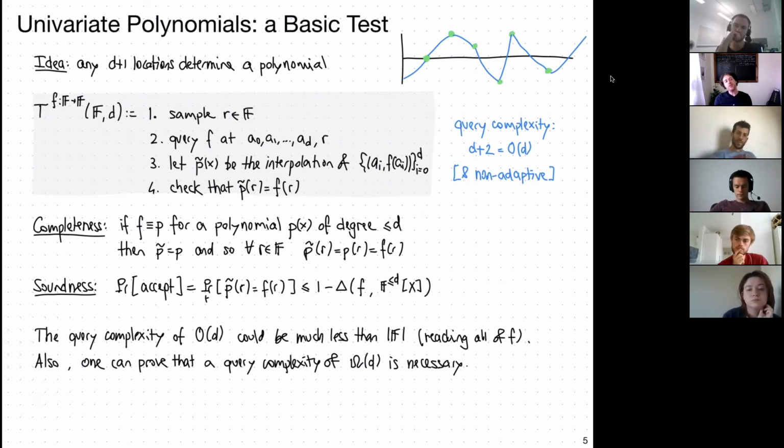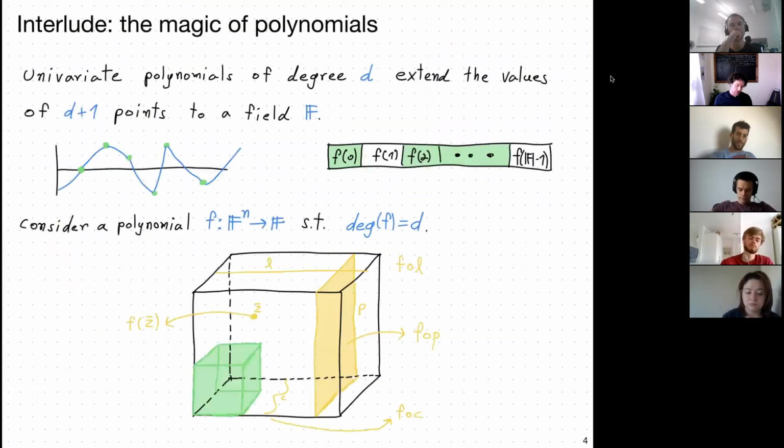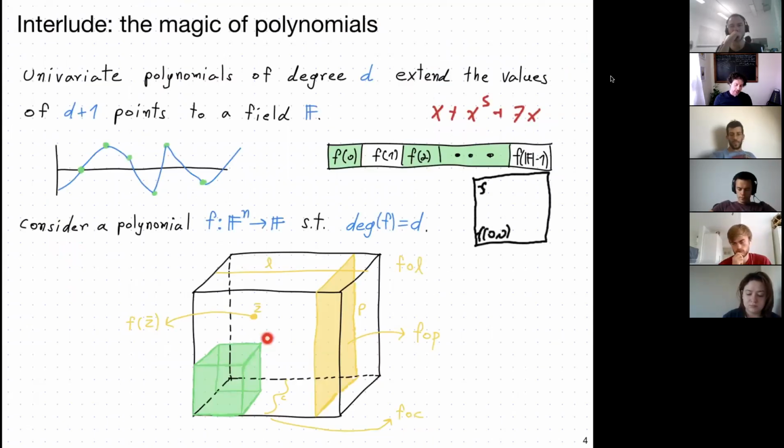The problem is that if we try to take this approach and generalize it into higher dimensions, then we'll get into a very bad situation. The reason is that, if we go back, just for a second, to the picture here, it would mean that if we do it in higher dimension, we need to query the entire cube, which is something of large volume.